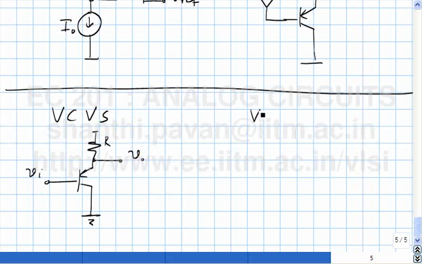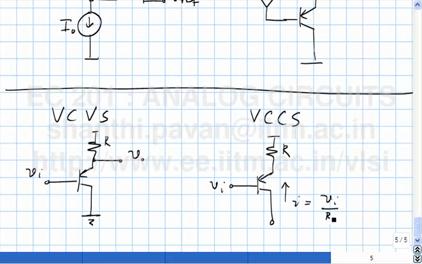The next thing is the voltage controlled current source, and that is the same. The incremental diagram will be the same thing, except that the output quantity of interest is this chap here, and if VI increases, this incremental current will be VI by R.